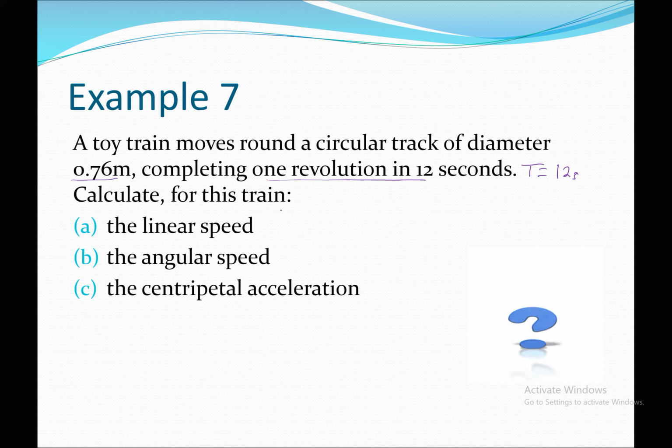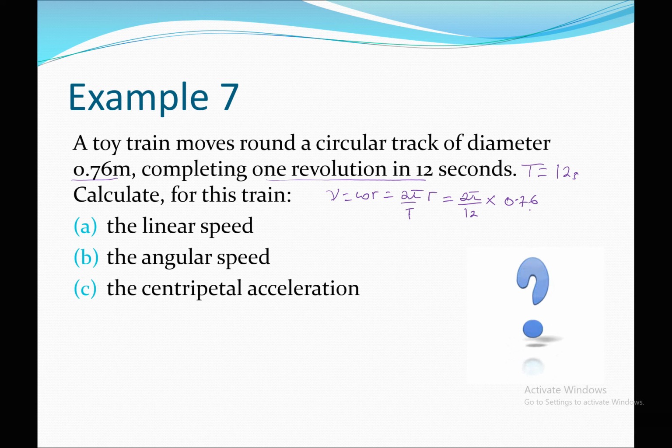Calculate for the train the linear speed. So linear speed v is equal to omega times r, which is the same as 2 pi over T, then times r. So the linear speed is 2 pi over the period, which is 12, times the radius, which is 0.76.